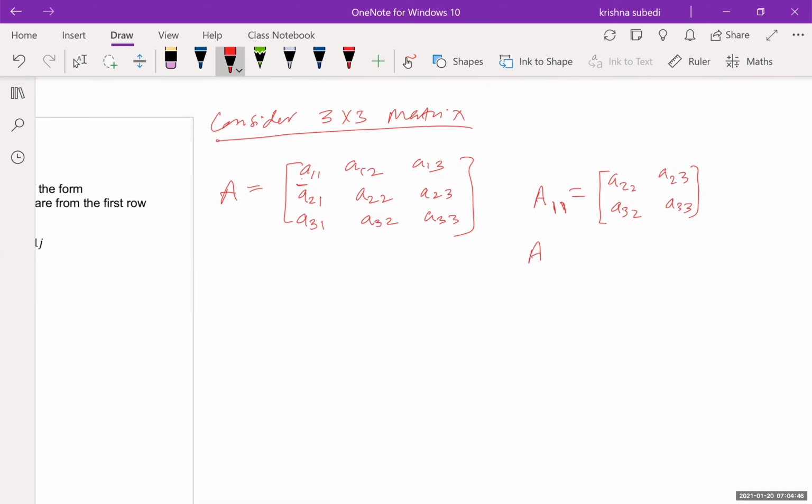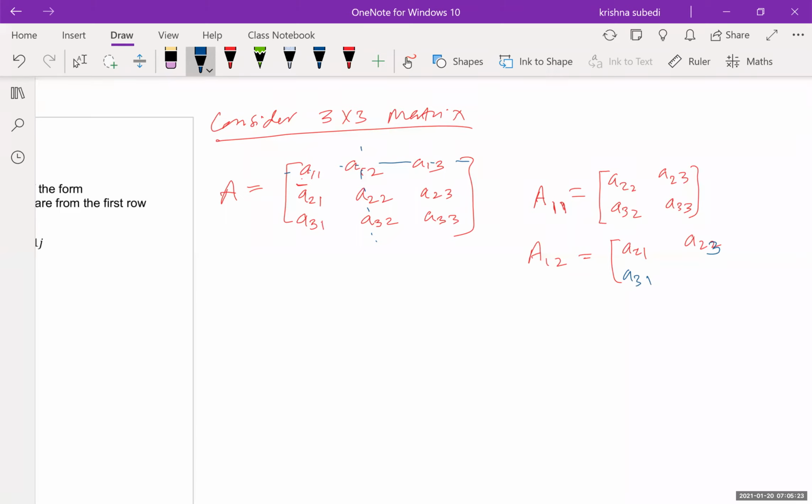And if I write A_12, for example, what that means is you ignore the first row and second column. So the remaining is a_21, a_23, a_31, a_33. For this one, I ignore the first row, and then ignore the second column.